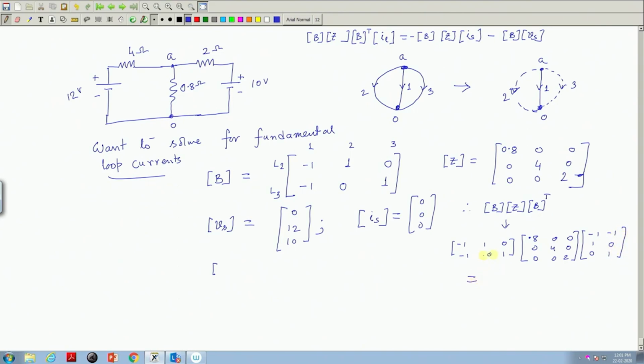If you calculate this, then the matrix, hopefully it has been correctly calculated, will become equal to 4.8, 0.8, 0.8, I mean the second row, and 2.8.